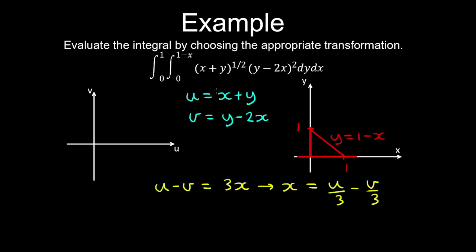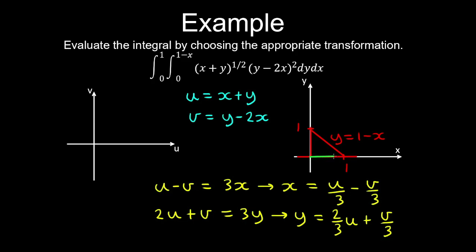And if we multiply the first equation by 2 and add the equations together, we get 2u plus v is equal to 3y. So therefore y is 2 on 3 u plus v on 3.